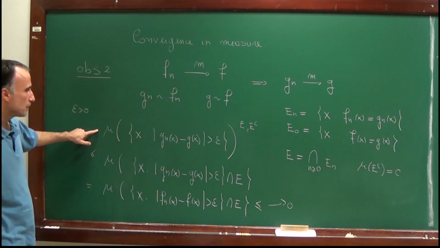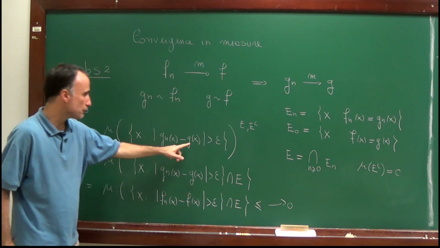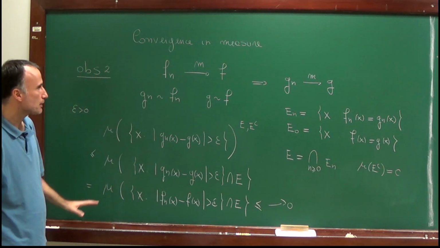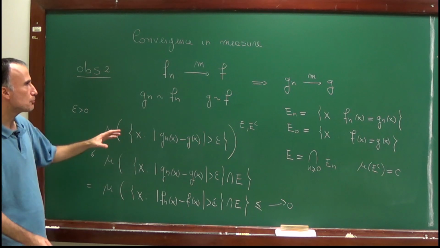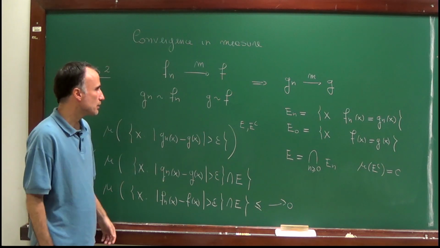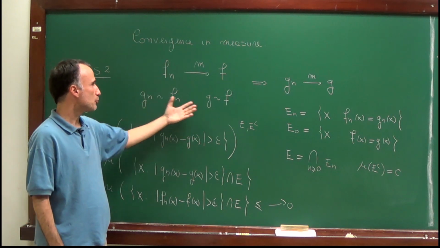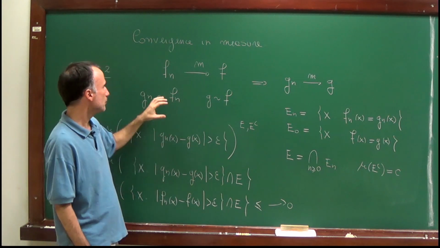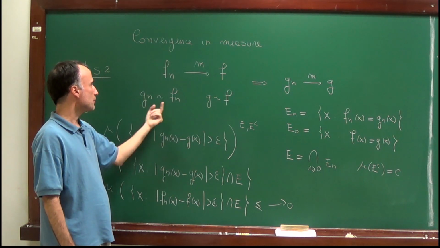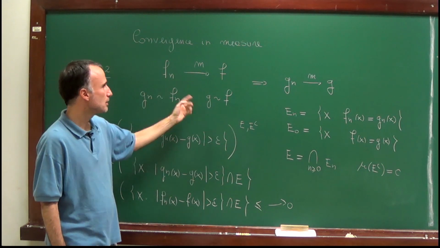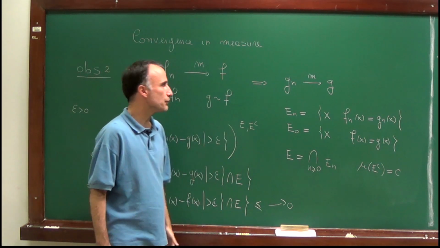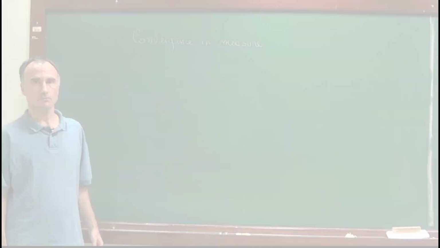And therefore, this proves that Gn is converging to G in measure. Okay, so this proves my claim, which is stating that convergence in measure is a class property. You can take any function in the equivalent classes and you get the same result.